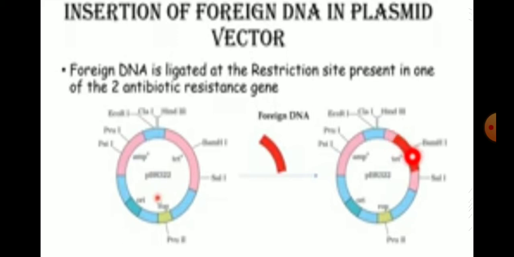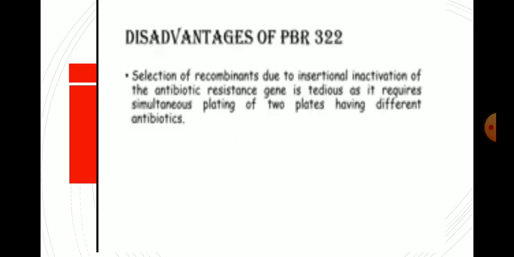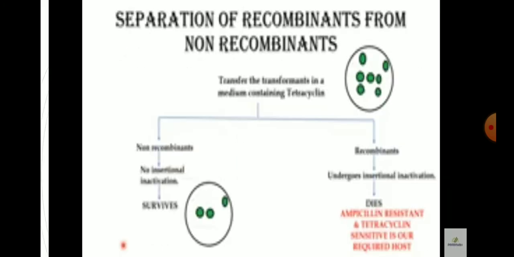Number one, this gene is properly linked to this region, or it is improperly linked to this region. To know this, we can grow the bacterial colony by taking the replica method or replica plating technique.